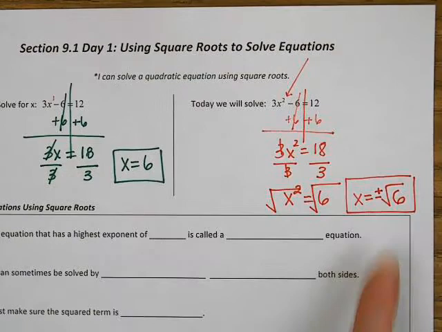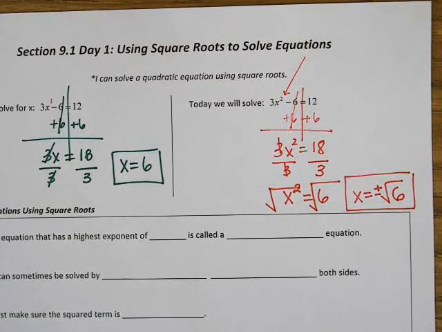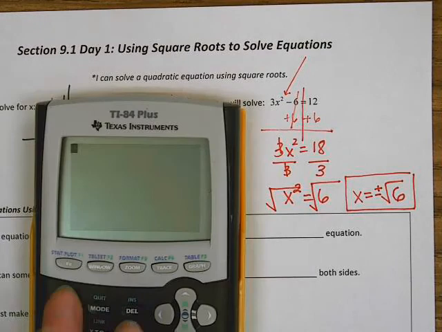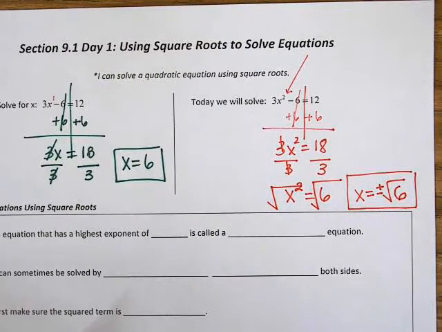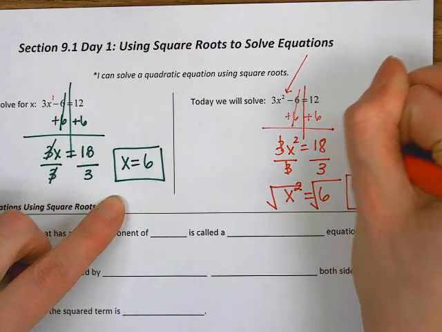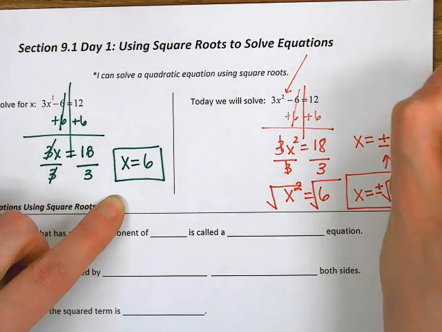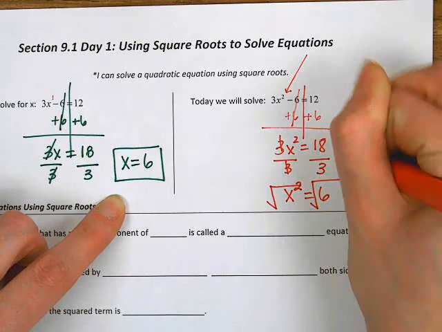Okay, and you guys can leave it as a root, or you could type it in the calculator and make it a decimal. So the square root of 6 is 2.45. So if you'd prefer, you could say x is positive and negative 2.45, whatever you prefer.